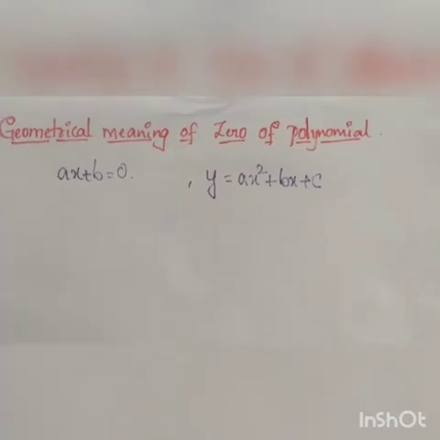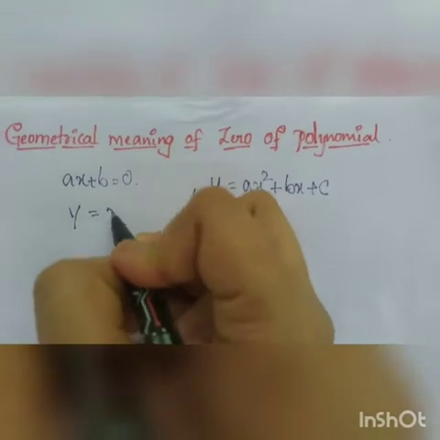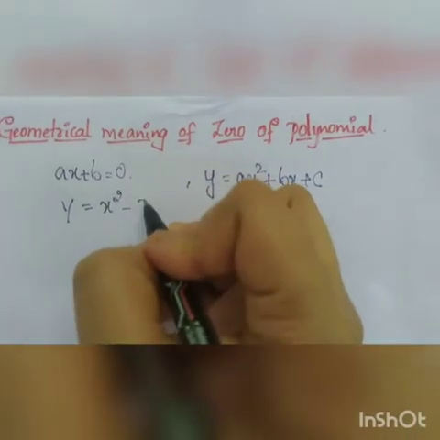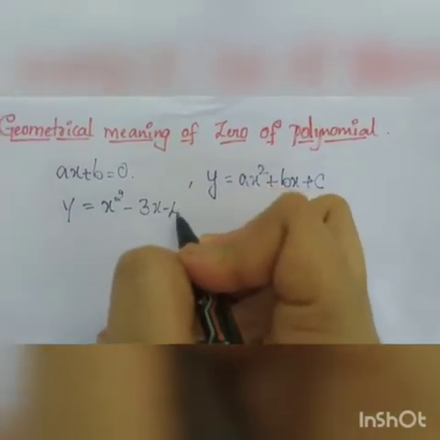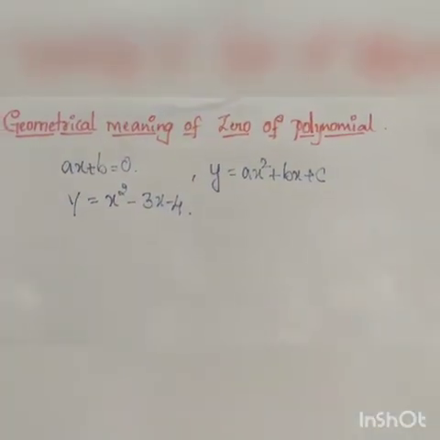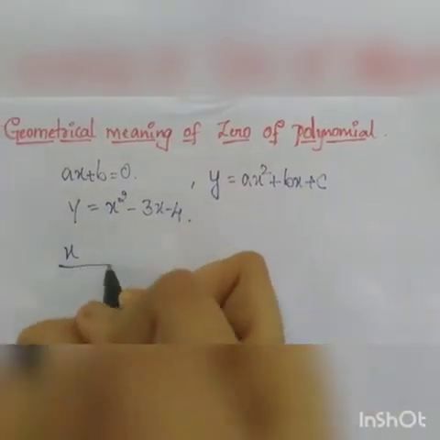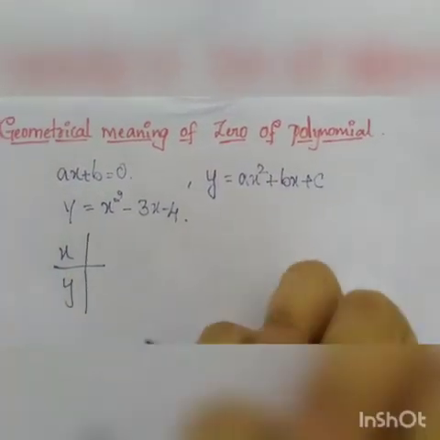To understand this, we will take an example. Let me take y is equal to x square minus 3x minus 4. Geometrical meaning means I have to plot it on a graph, and to plot a graph we have to find the solutions. Let me take some values of x.